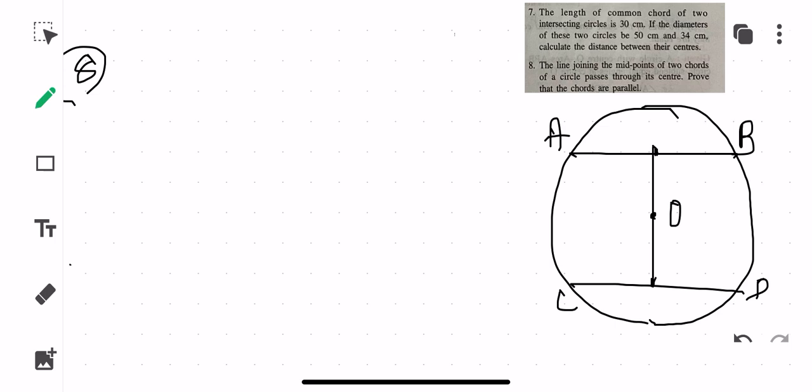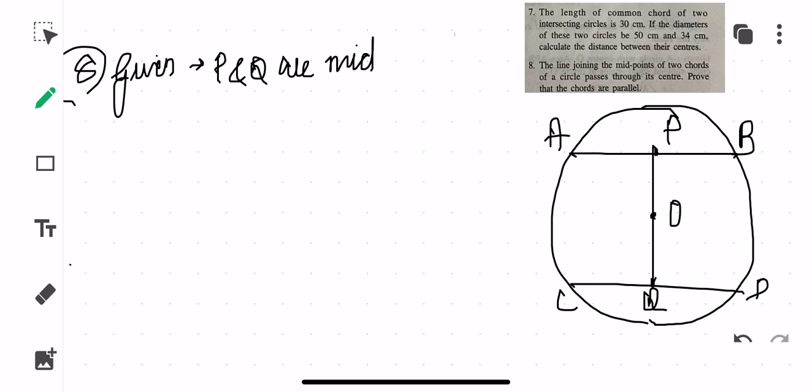Okay, so how are you going to do this, children? This question is very easy. So write down given. Suppose you are just naming them. So for naming, we will be taking this as P and Q. So given, write down P and Q are midpoints of AB and CD respectively.